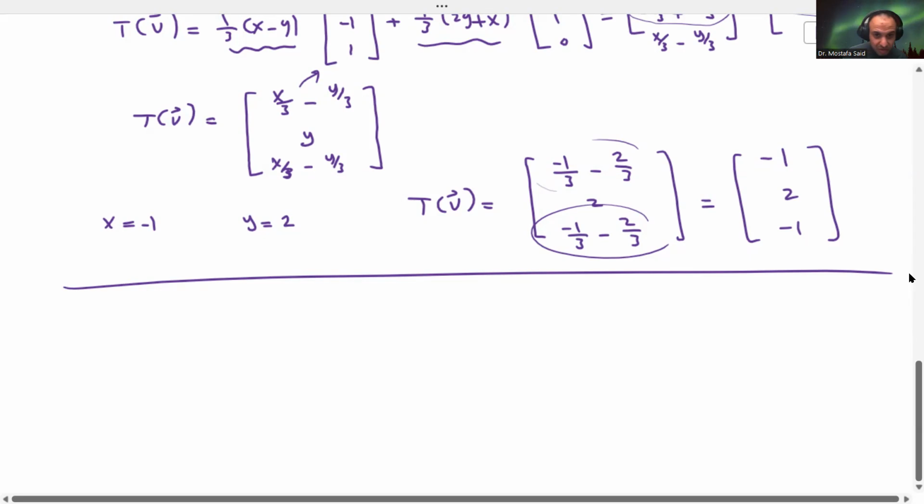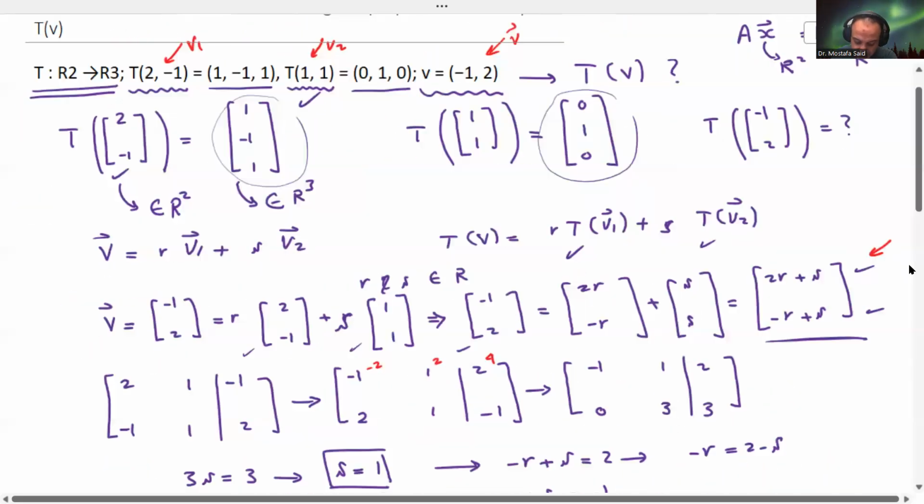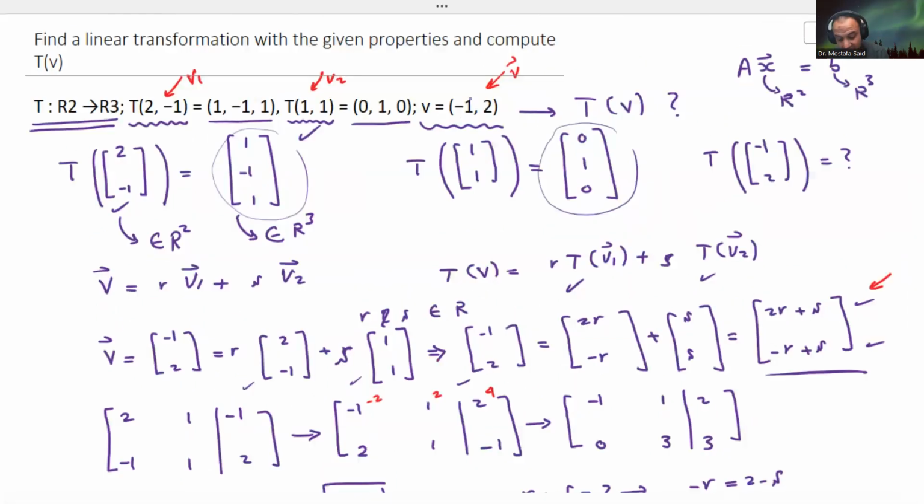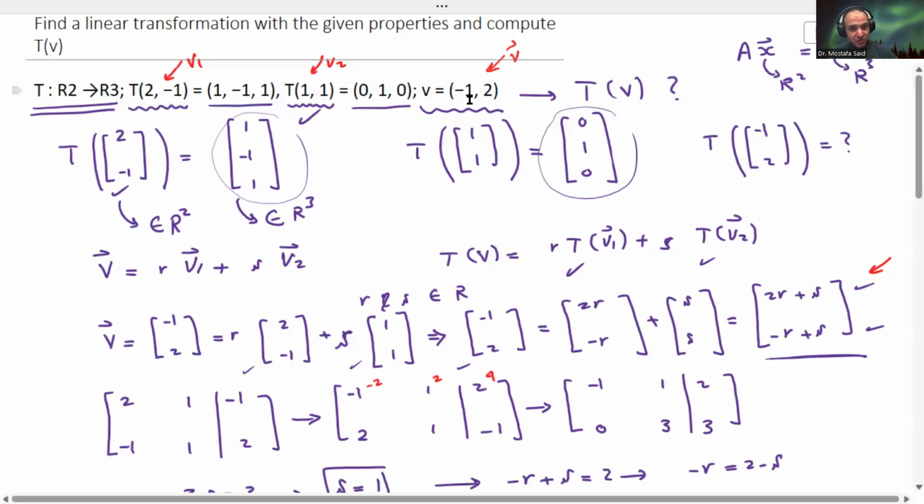One final note in that question, although we solved it in two ways now, is that I really don't like the phrasing of the question, because the book should mention that, for example, in that case here, -1 and 2 spans the space created by 2, -1 and 1, 1. Okay, but I'm gonna prove this for you.